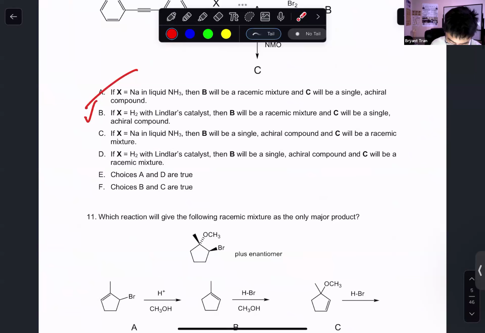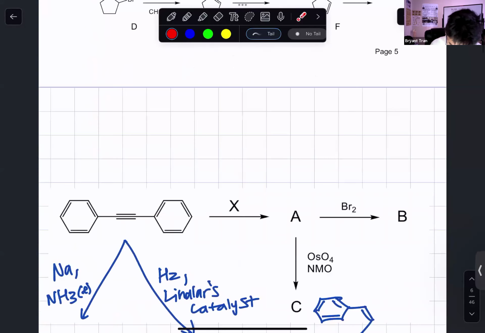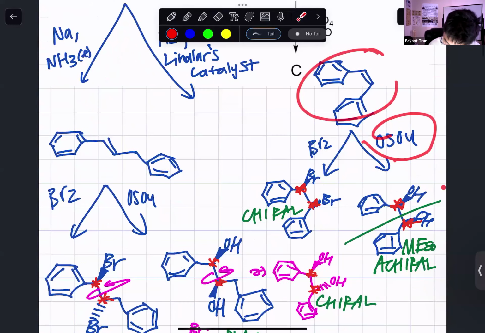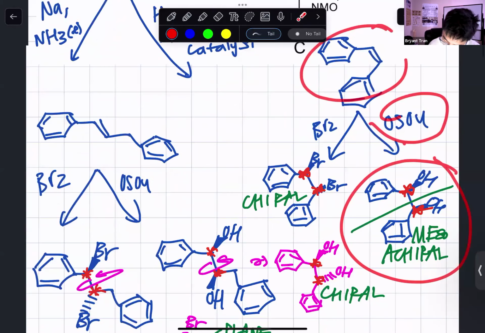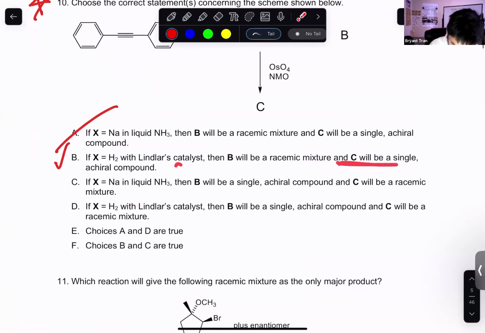But if we look at C, after the H2 Lindlar catalyst, which is this intermediate here, it reacts with osmium tetroxide, and this is a meso molecule, making it achiral. So B checks out. Now let's go on to the next option.